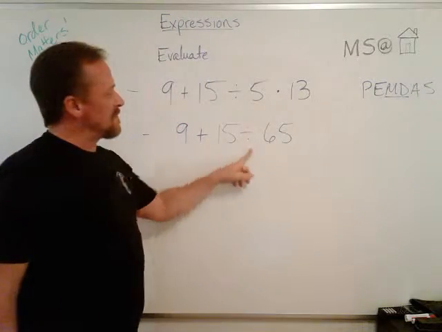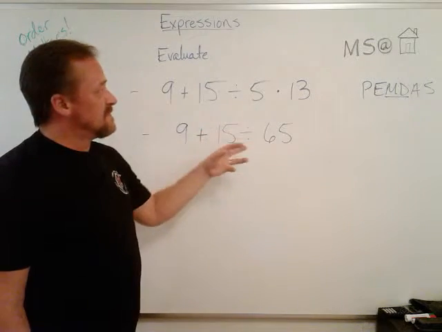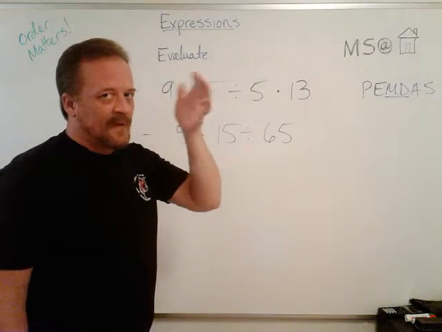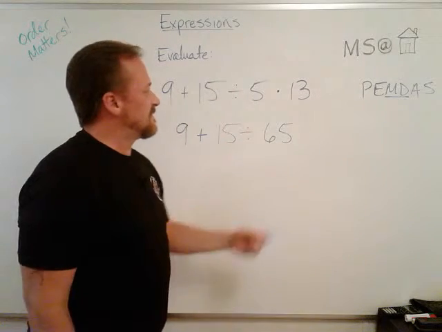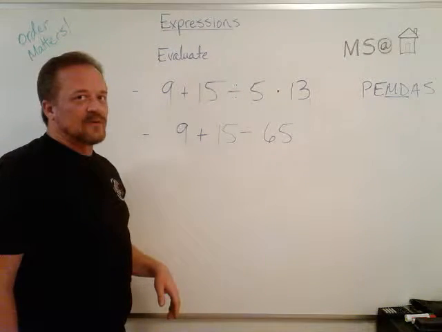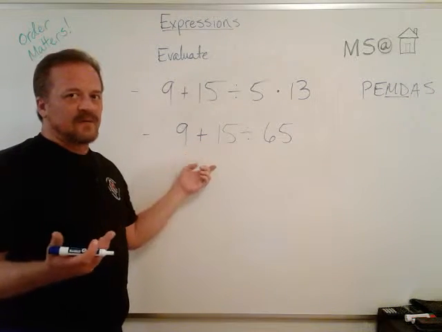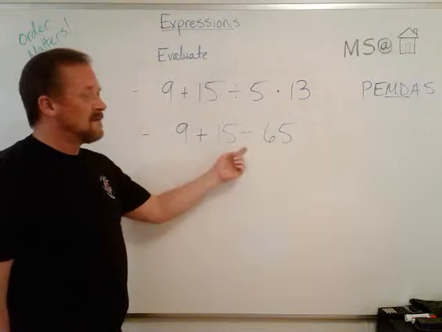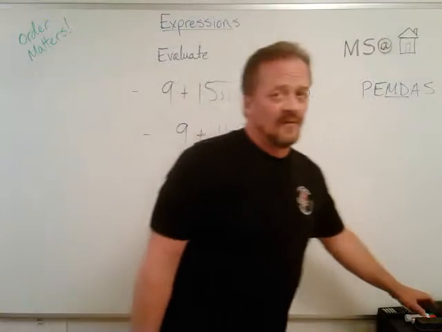Do you see what's going to happen here? Because division, according to PEMDAS, if I didn't know the thing about multiplication and division at the same time, is now 15 divided by 65. And that's going to give me a decimal, which is okay. But is it going to be the same answer as the one I got before? No, absolutely not. See how important that is?